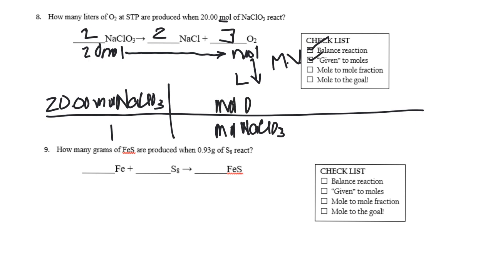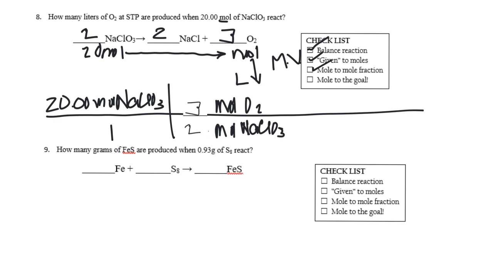I want to get to moles of O2, so I'm going to use the coefficients that are in my equation. I have a 2 next to NaClO3, so that's going to come down here. I have a 3 next to O2, that's going to come down here. And so now I've done my mole to mole fraction.